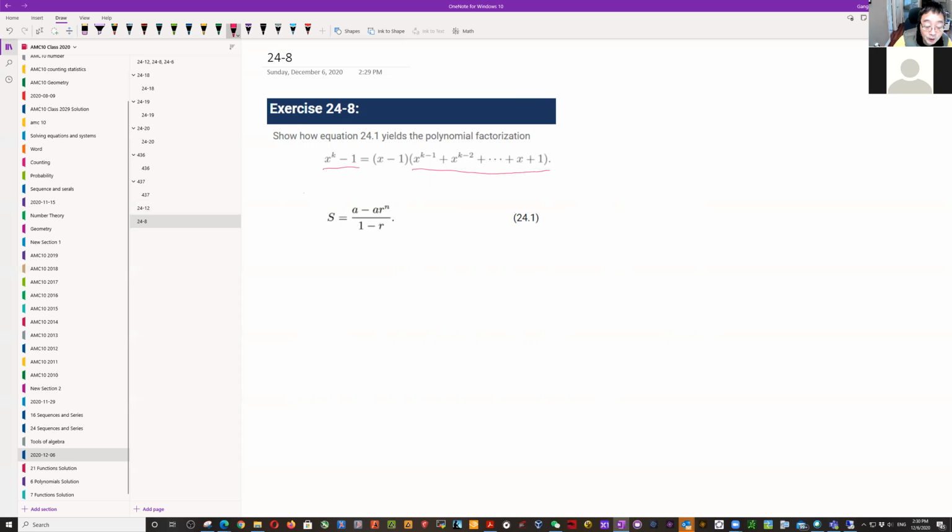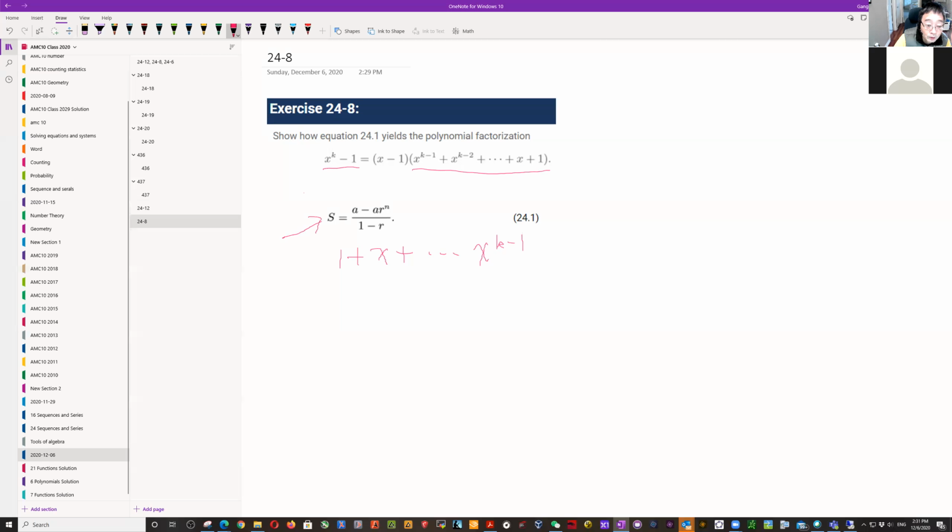So if we assume we have a geometric sequence 1 plus x plus all the way to x to the k minus 1, because it's a geometric sequence, we can use this formula.